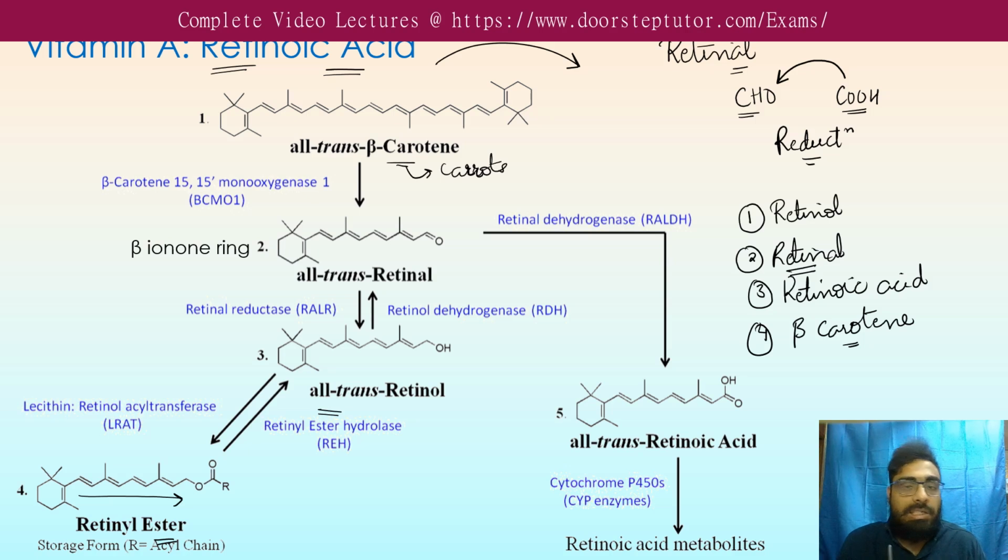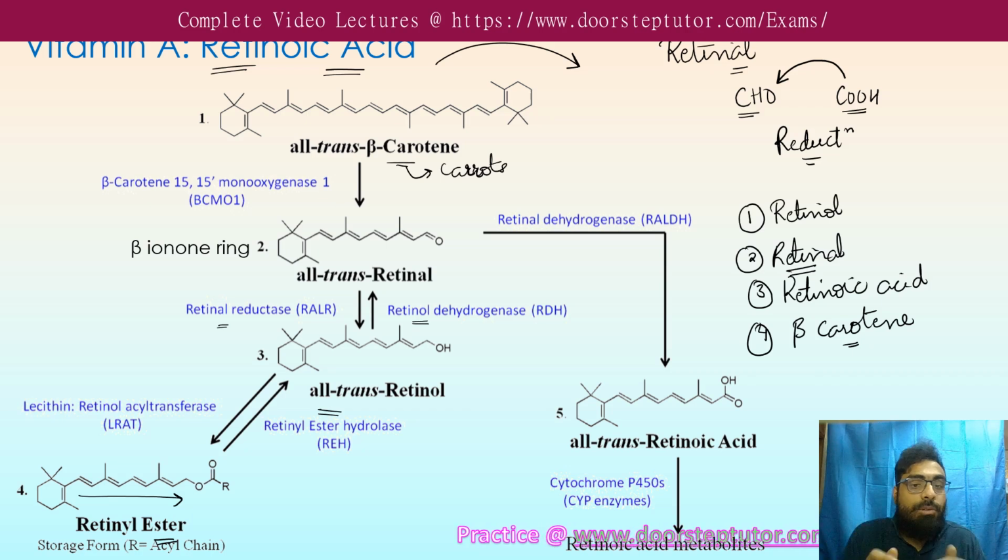Retinol as such does not have function in our body, but retinol can be converted into retinal. To convert alcohol into aldehyde, you need to oxidize it. So retinol can be converted to retinal with the help of retinol dehydrogenase, or retinal can be converted back to retinol with the help of retinal reductase.